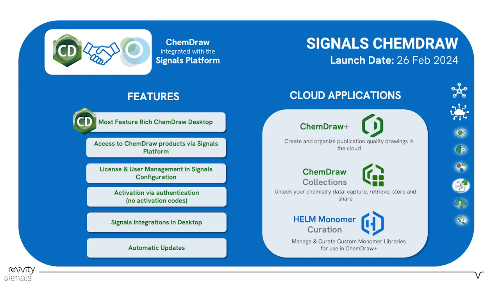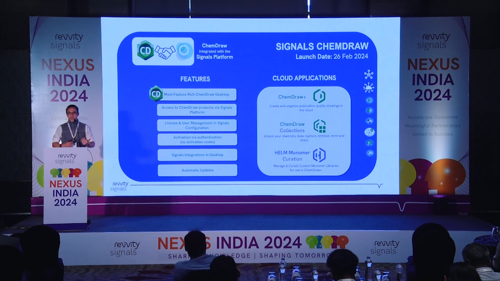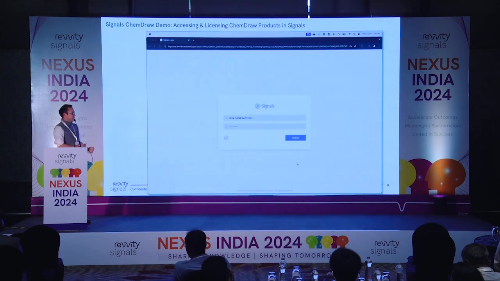If you are making peptides or nucleic acids, you're all grabbing from the same dictionary, the same definitions, and don't end up with duplicate records and duplicate ways to represent the same entity. That is the other cloud-native capability that is within Signals ChemDraw.